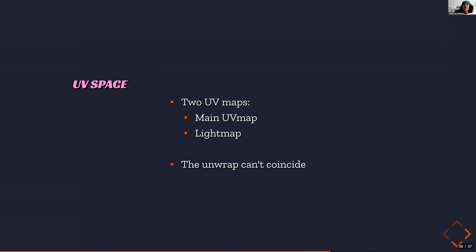If there are overlapping UVs, of course, the light map has to be a different unwrap. Unreal needs a light map that you make. Unity doesn't make a light map on its own, so it's better if you customize it in Blender.